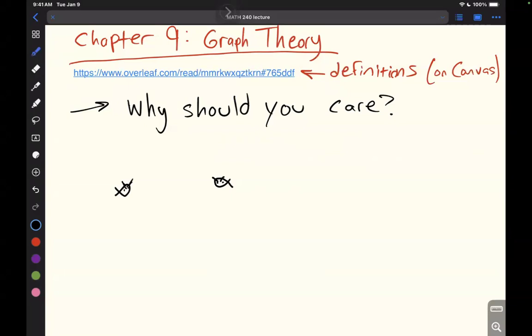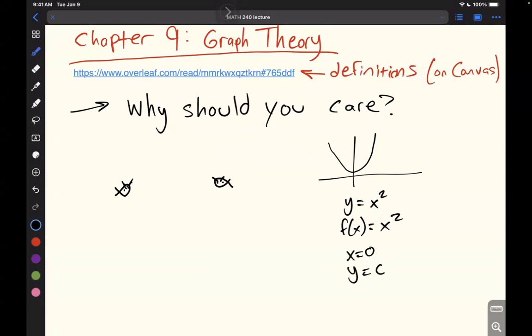The kind of graphs that we're talking about is not your parabola of XY axes, although it is related. So your XY axes, if we have something like y equals x squared, or f of x is equal to x squared, that is actually some pair of data where if you give it x of 0, you get a y of 0.